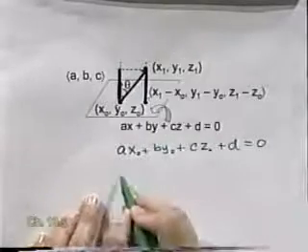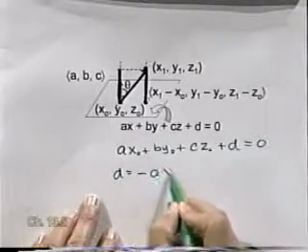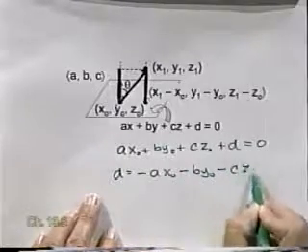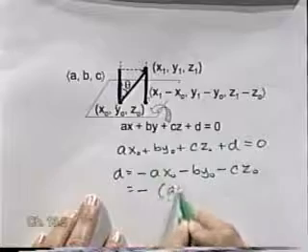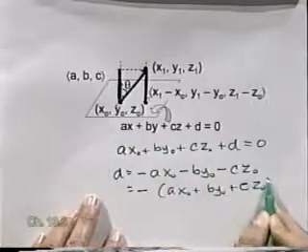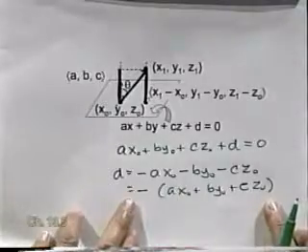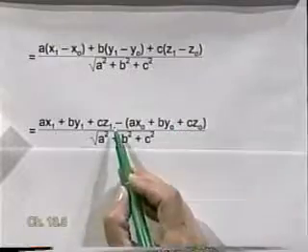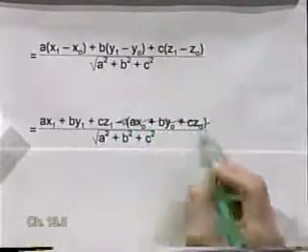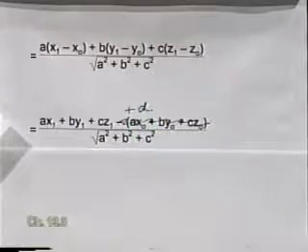So therefore, D is equal to minus A x naught minus B y naught minus C z naught, which if I factor out a minus, so D is equal to this. But guys, that's exactly what I have here. I have minus this. So minus this is equal to D.